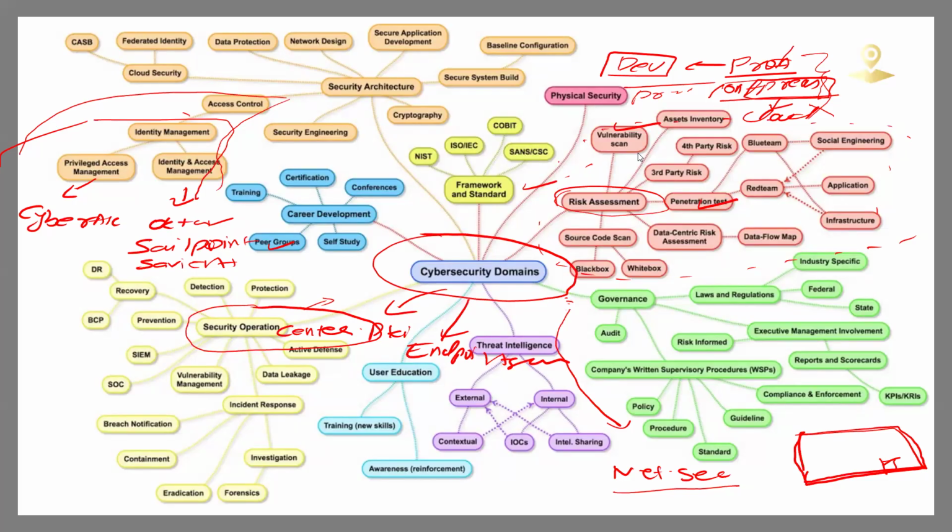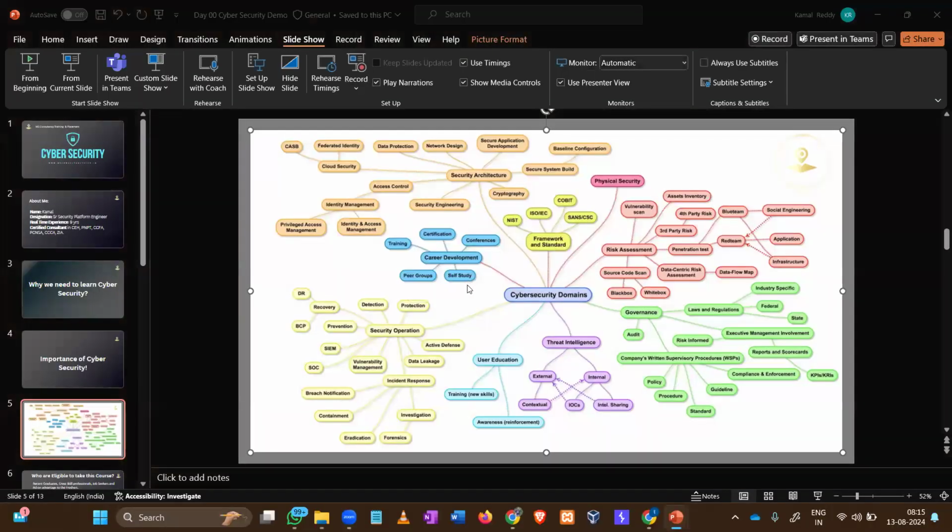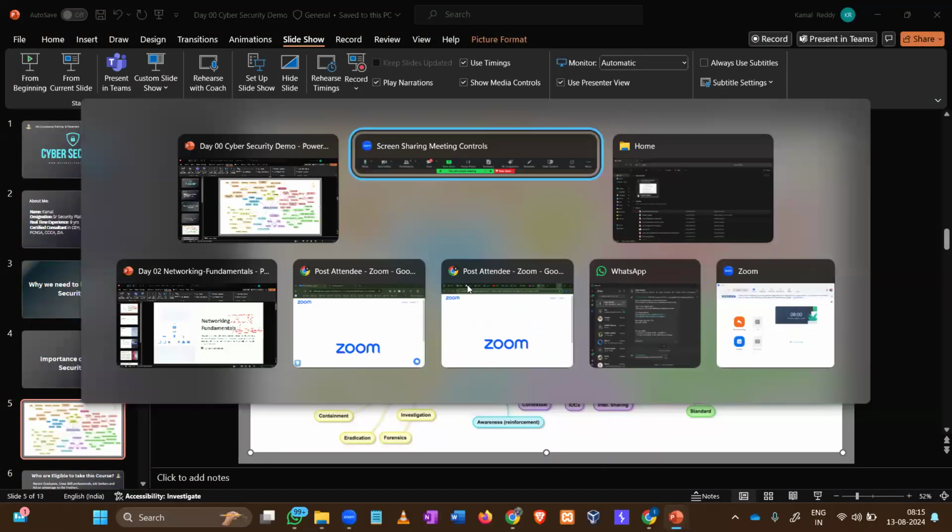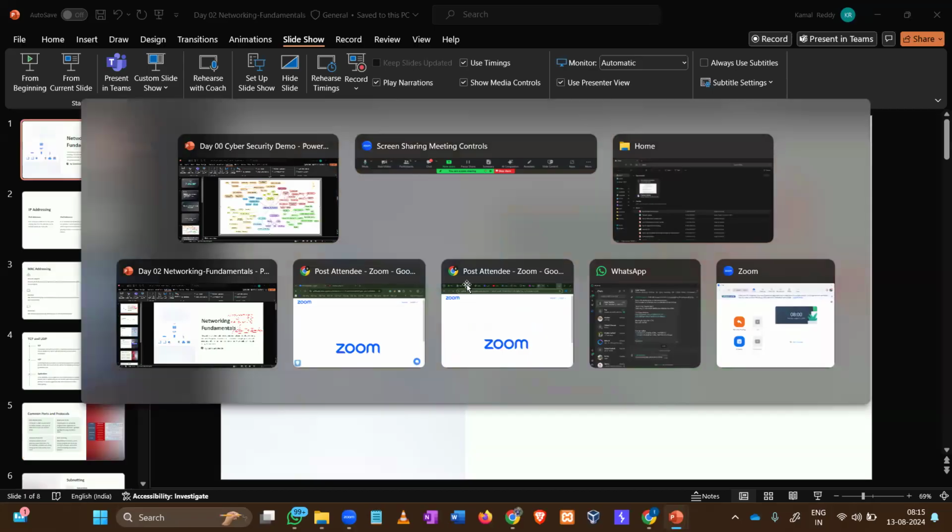So that is about all the domains here, guys. There are even missing domains here which I can't fit on this screen. So let's go back to our topic, which is network fundamentals.